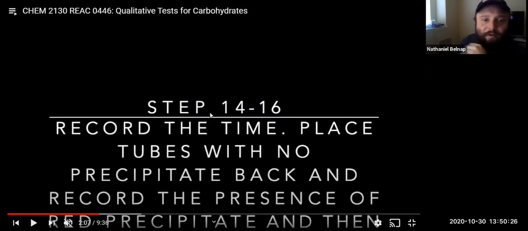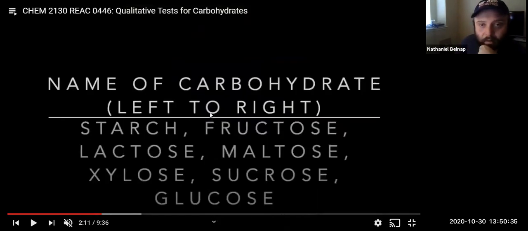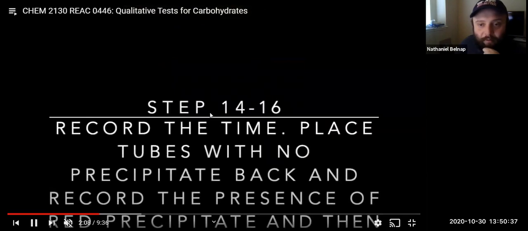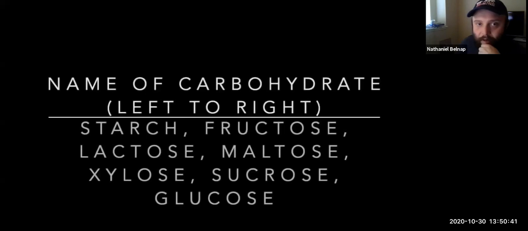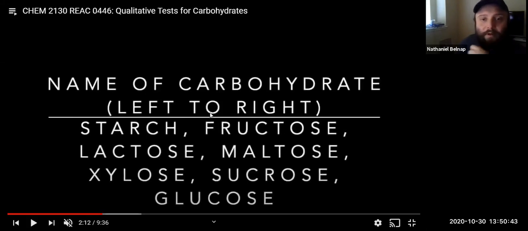So it says record the time, place tubes with no precipitate back, and record the presence of red precipitate. The name, okay, so from left to right, starch, fructose, lactose, maltose, xylose, sucrose, and glucose.